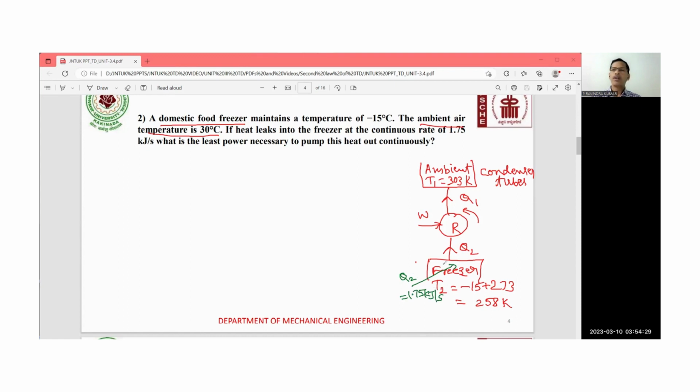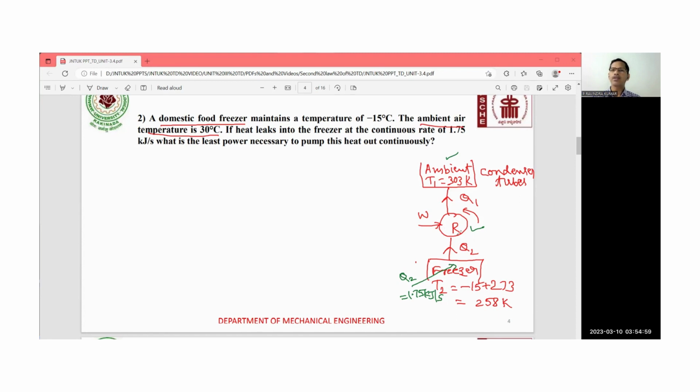The refrigeration cycle removes the heat from the freezer compartment to the outside environment, and for that some work input is spent. Whatever heat has leaked into the freezer has to be thrown out.